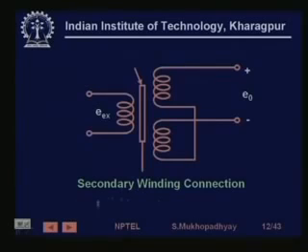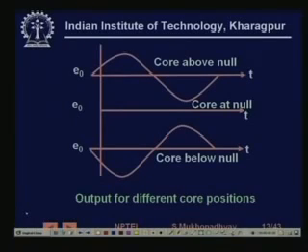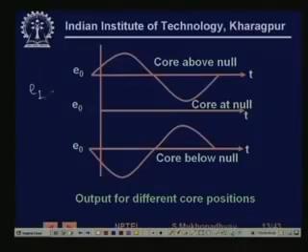So we connect them in series opposition. So what happens is that, as you can understand, if the core is above null, the middle point, then one of them, let us say E1, is equal to A1 sin omega t, plus there can be some phase shift also.